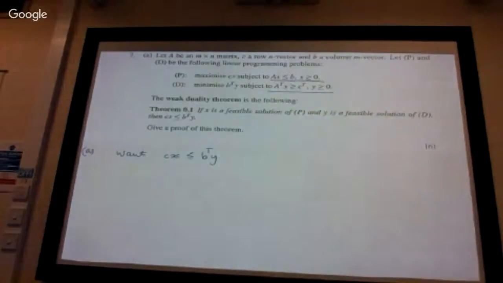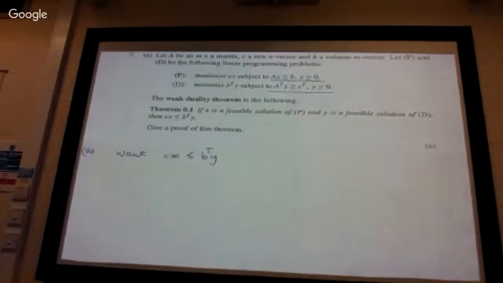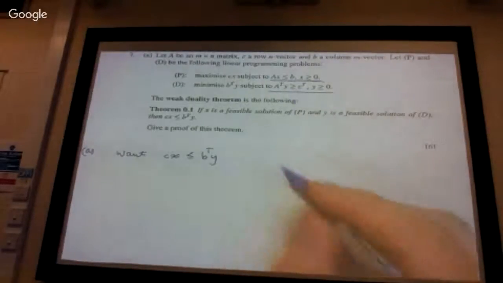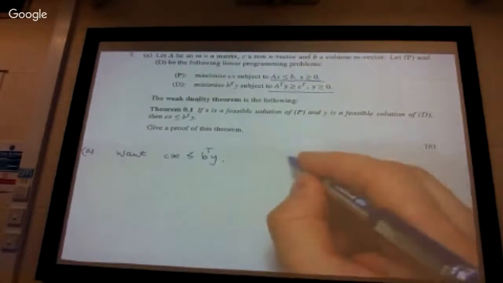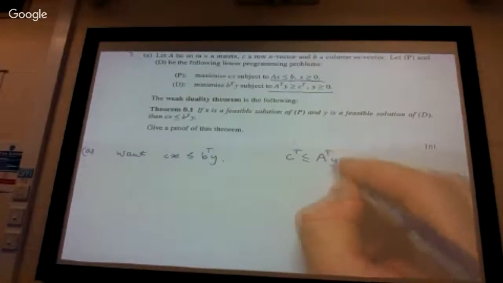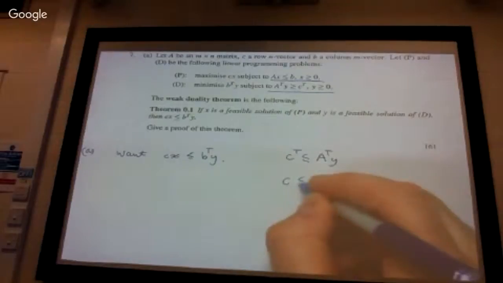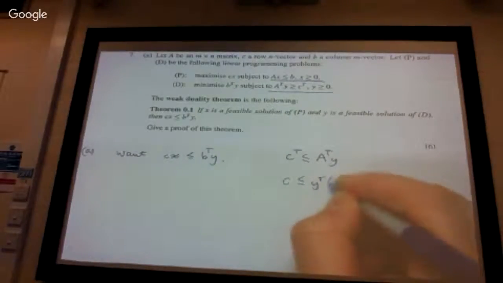So when you're looking at C, it appears here, and if you have C^T is less than or equal to A^T y, you can take the transpose of this equation, which gives you C is less than or equal to y transposed A.